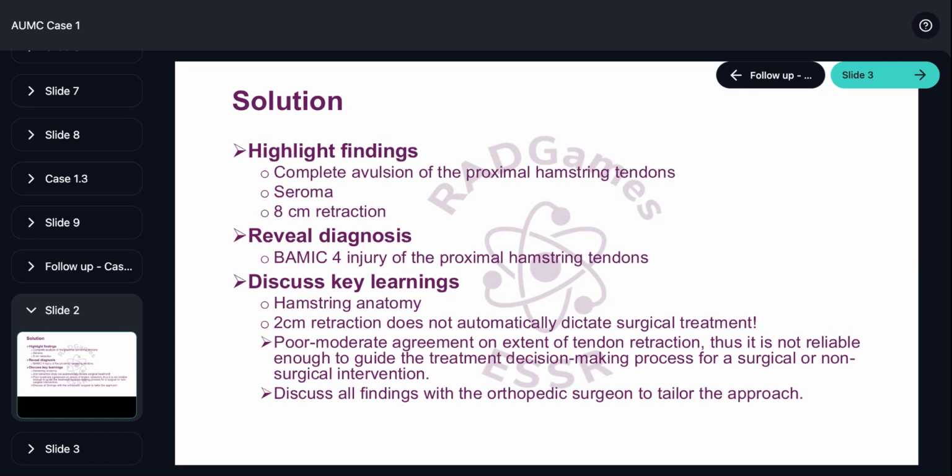We showed that the retraction measurements might be helpful, but they are quite unreliable in the repeatability of the measurements. And we think that shared decision-making should guide the treatment in patients to develop a personalized treatment plan. And both conservative treatment and surgical treatment with this shared decision-making can have good clinical outcomes in follow-up.